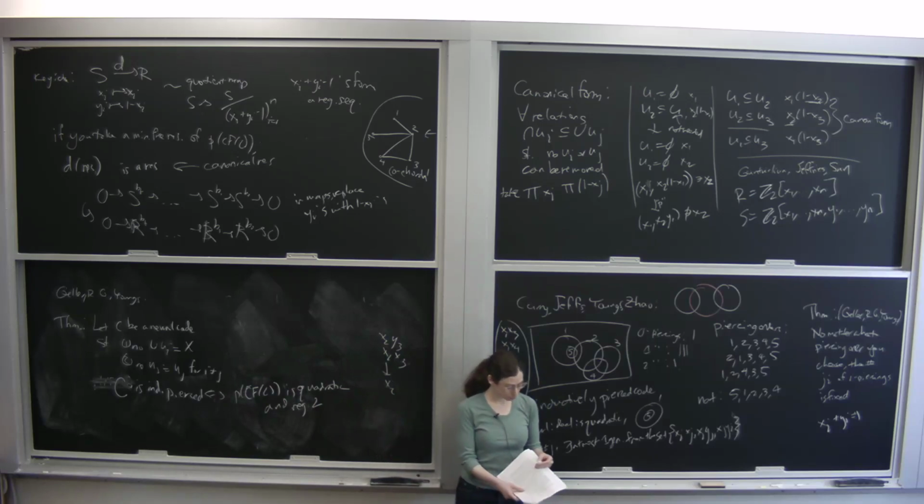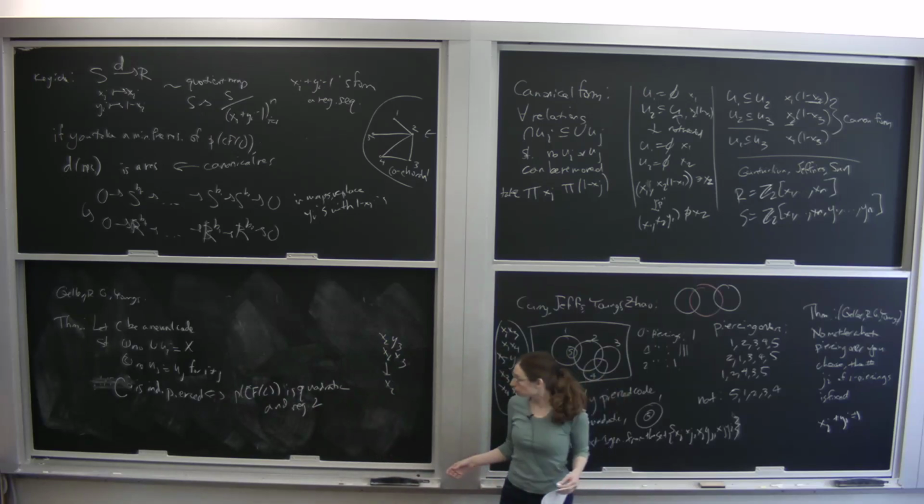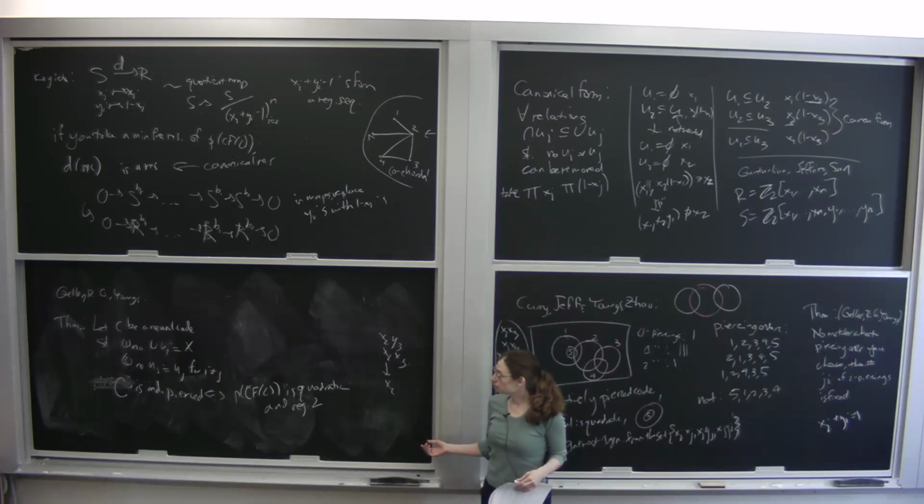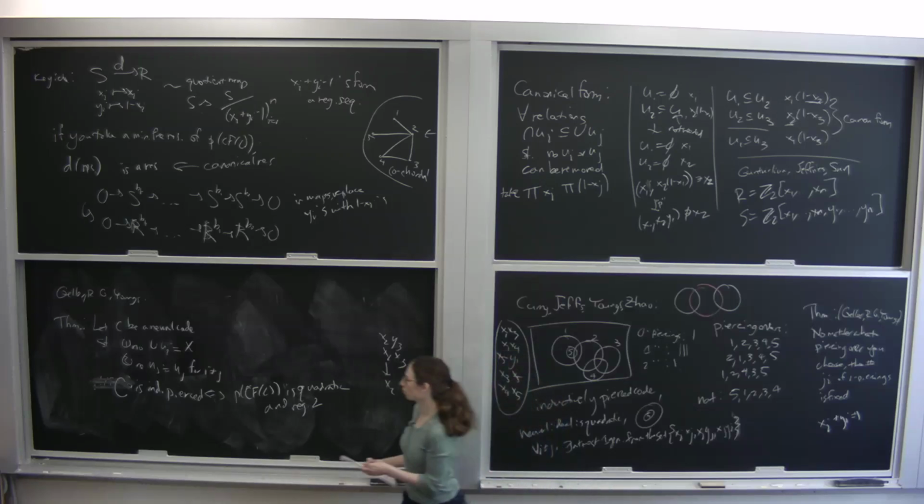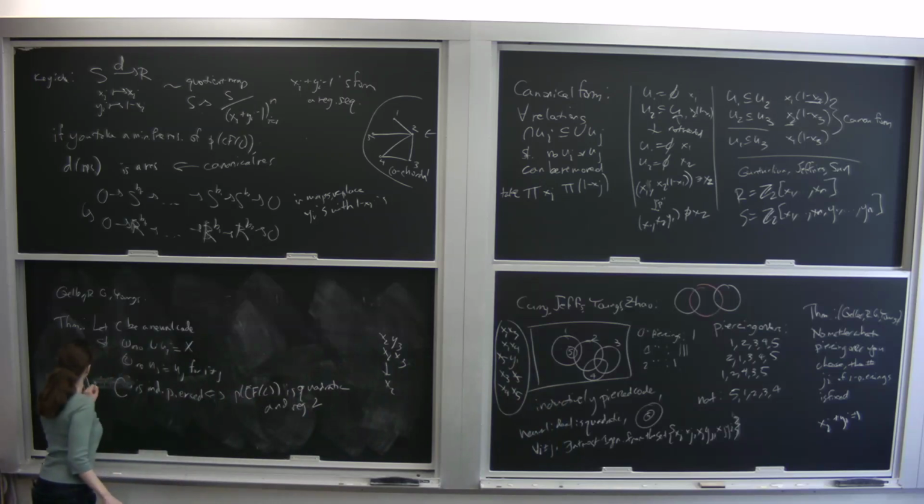Sorry, what are the conditions for this neural code? No union of the Ui is the whole space, and no two are equal. If you had a neural code where they were equal, you could just ditch one of them.